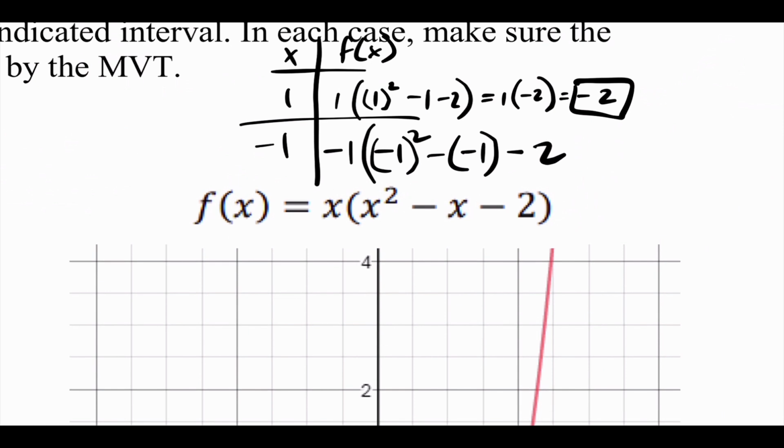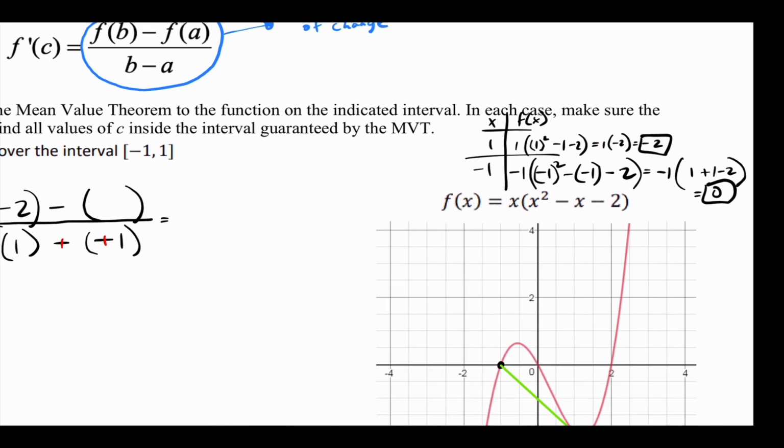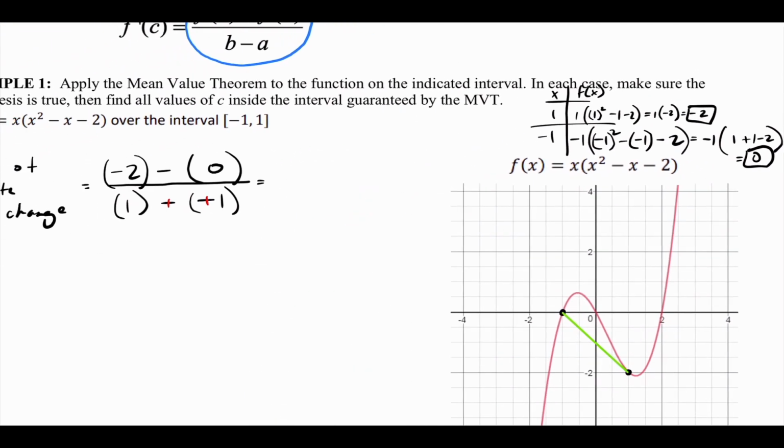So let's see, this one is -1, and then 1 plus 1 minus 2. So that's 0. And yeah, -1, 0.